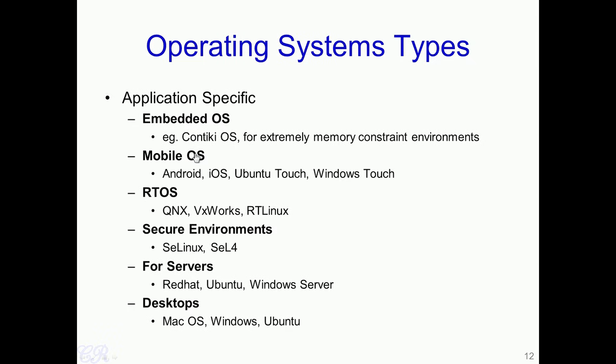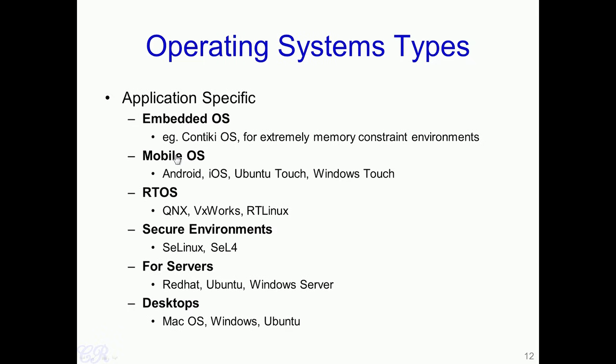A second class of operating systems which many of you may be familiar with is the mobile operating system or mobile OS. So, examples of these are Android, iOS, Ubuntu Touch and Windows Touch. So, these operating systems like the embedded OS are designed in order to ensure that the power consumed by the device is kept minimum. So, for example, these operating systems are designed so that the battery charge of your mobile phone is extended for the maximum amount of time.